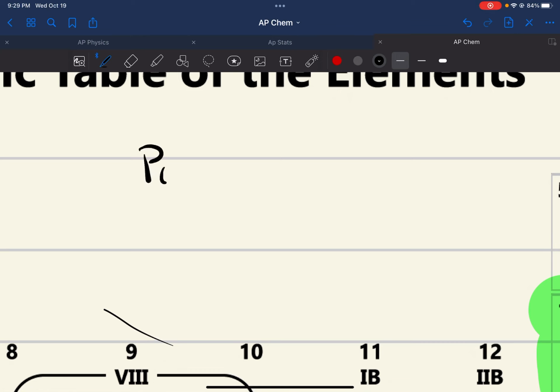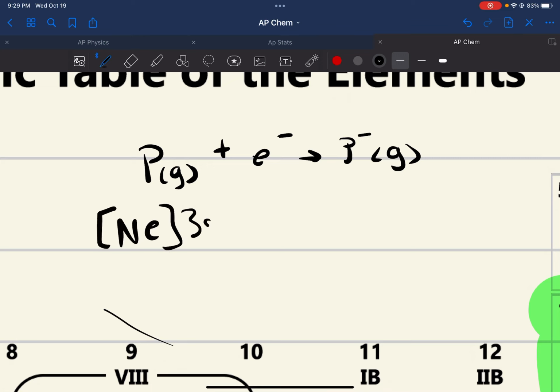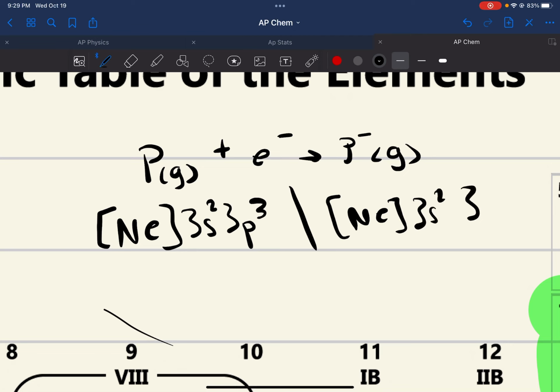When you have phosphorus gas and you're adding an electron, you're making phosphorus gas with a charge of -1, right? Which changes the whole electron configuration from originally 3s2 3p3. And then for here, this is why 3s2, 3p4.